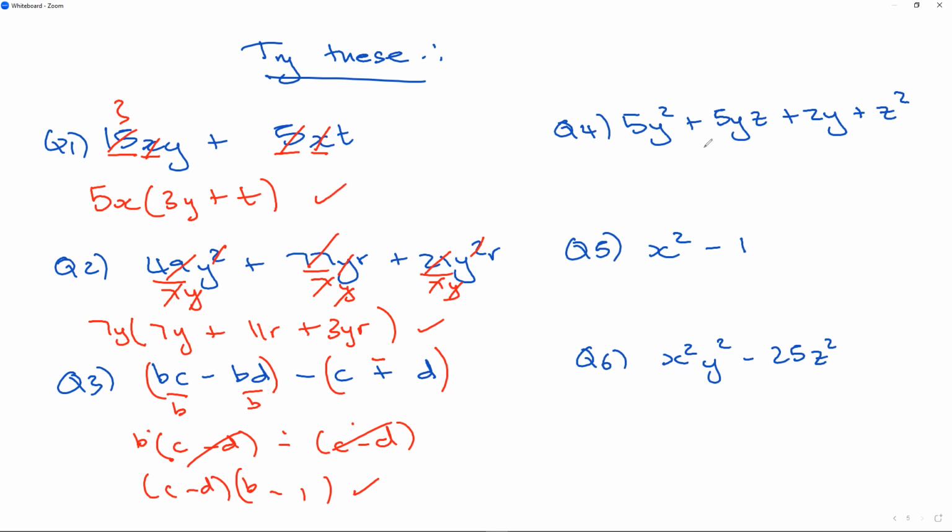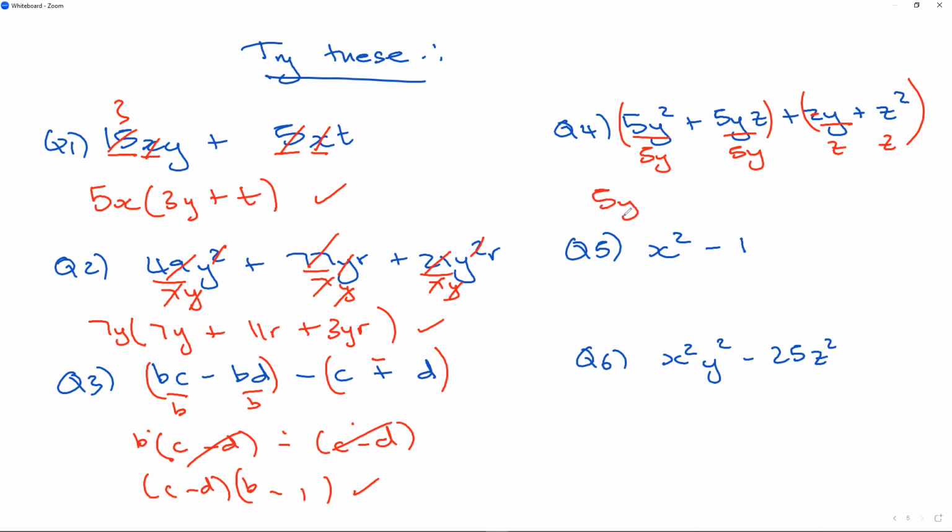Alright, for the next one, grouping, I'm going to put 2 brackets on each side, and I can take out 5y for the first bracket, 1 bracket at a time, and I think this was supposed to be z. That's what you were asking me. Yeah, so that's supposed to be z. I put it as 2. Alright, so let's just suppose it's z goes in.